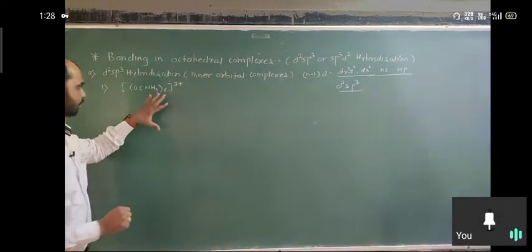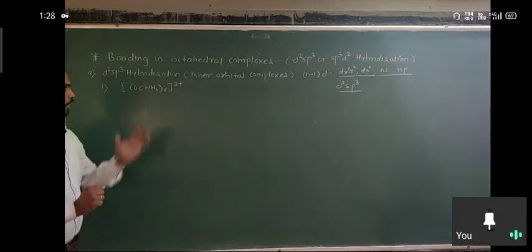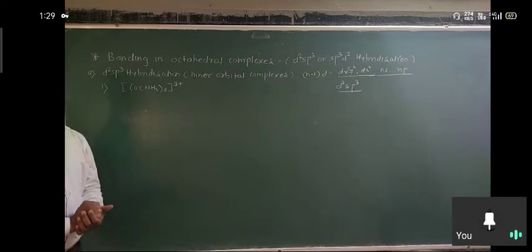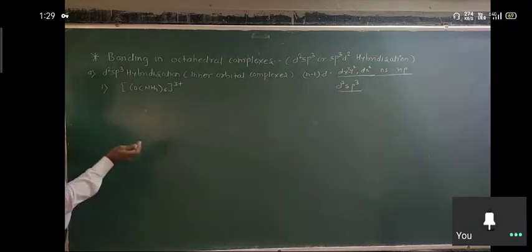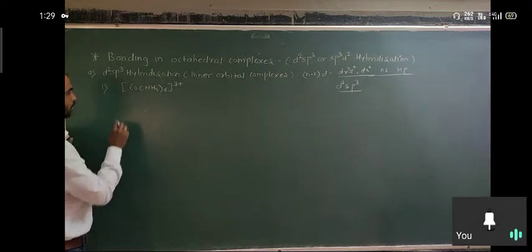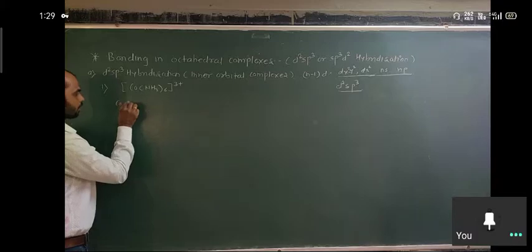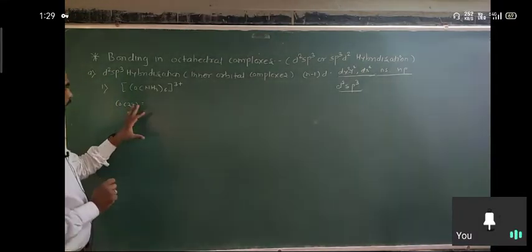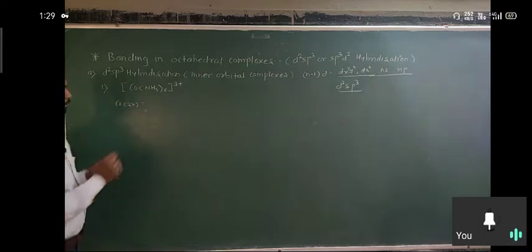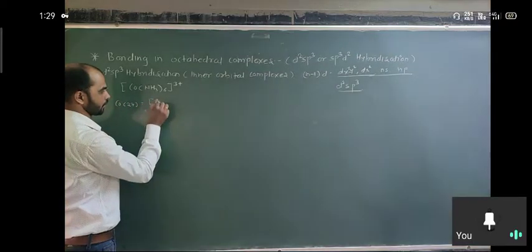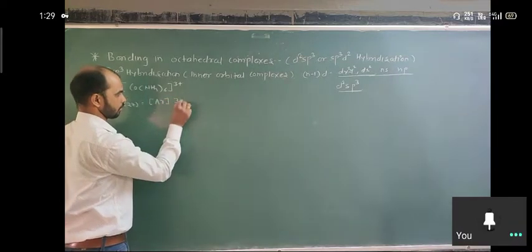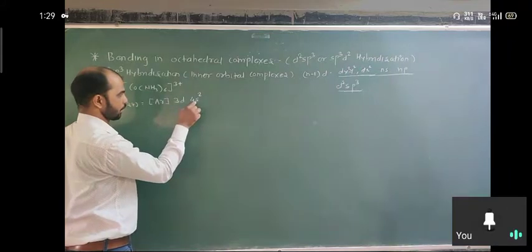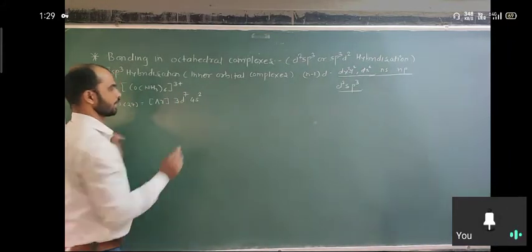So this example is given to you: [Co(NH3)6]3+, hexaamminecobalt(III), is the complex. You will know well how we start the explanation. First of all, we write the electronic configuration. 27 is the atomic number and the electronic configuration is [Ar], 18 plus 2 is 20 and the remaining 7 is here, so 3d7 4s2.